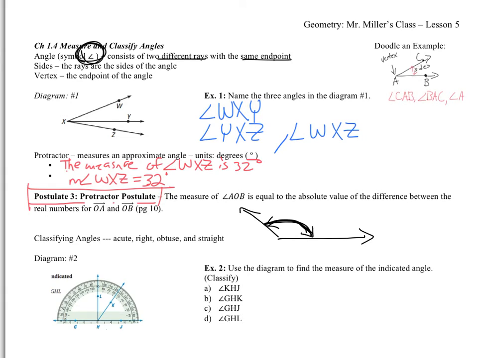So if you look down here, this protractor that we have, you could form an angle and you're going to be able to measure an angle, and it's always going to be positive.